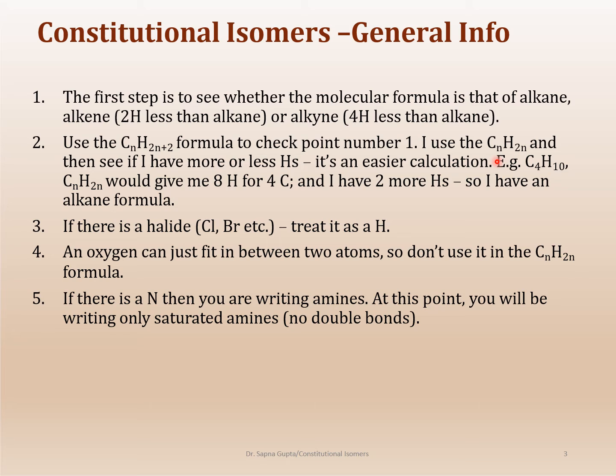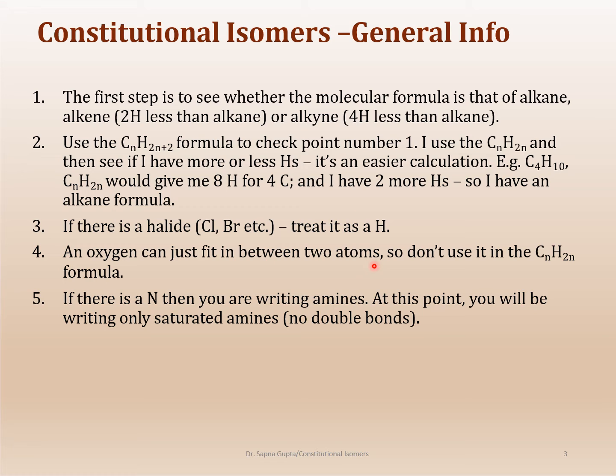If you have double the number of carbons in hydrogens, it means you have an alkene, which means I have a double bond. If my formula has two more hydrogens, that means it is an alkane. If it has two less, it's an alkyne. So take the middle ground. That way you can go either way when you're calculating the number of hydrogens.